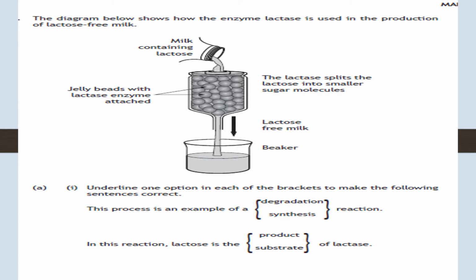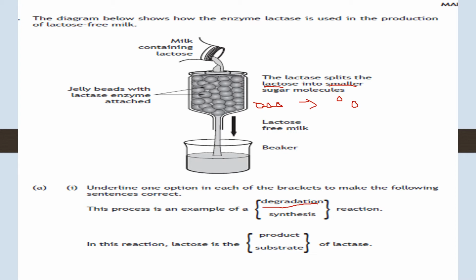So to answer this, we need to know what a degradation and synthesis reaction is. So we can read in this passage here that the lactase splits the lactose into smaller sugar molecules. So if it's going from a big molecule, which is attached, into a smaller molecule, then it's going to be a degradation reaction, a breakdown reaction.